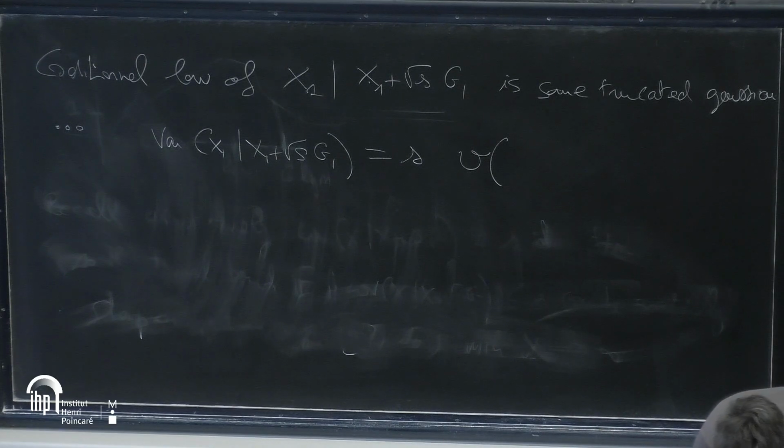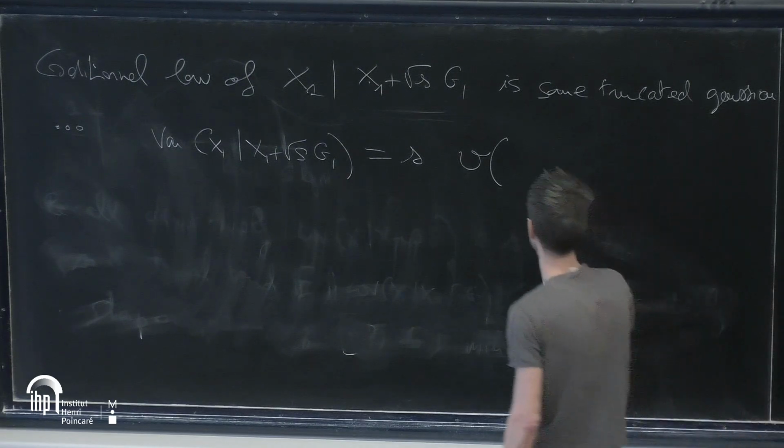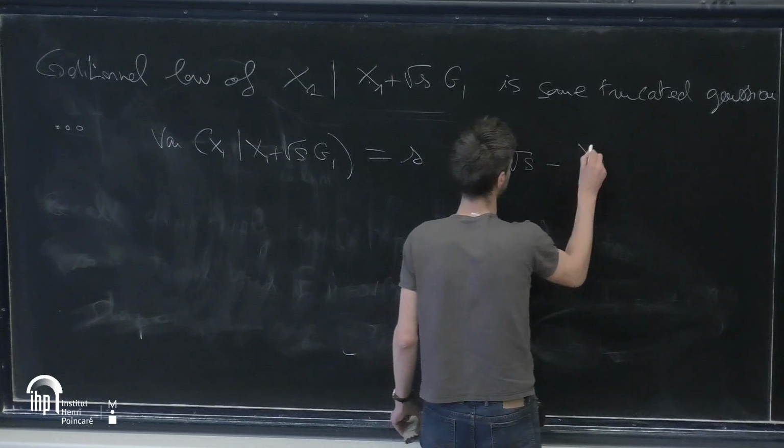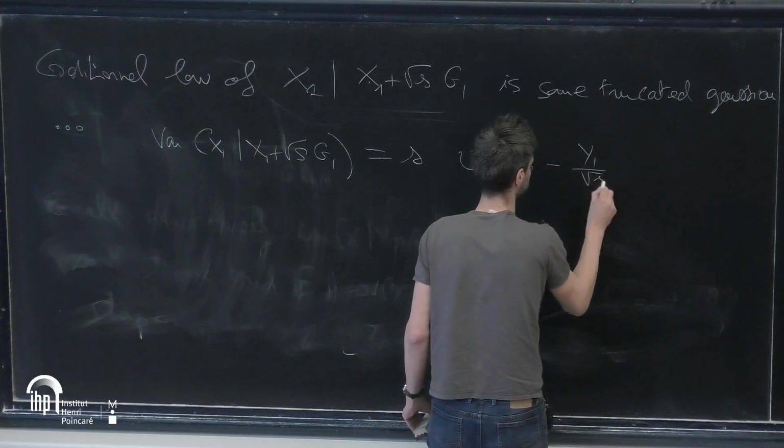Here I look at my notes, hopefully they are correct. It is evaluated at square root s y1 over... square root s minus y1 divided by square root s plus g1.